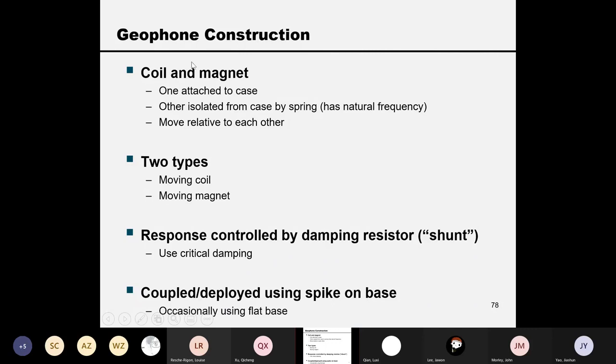A single geophone has two important parts: a coil and a magnet. When the surface has a vibration, these two parts have a relative movement, and the relative movement is transferred to a voltage of electricity. What you record is basically the voltage.